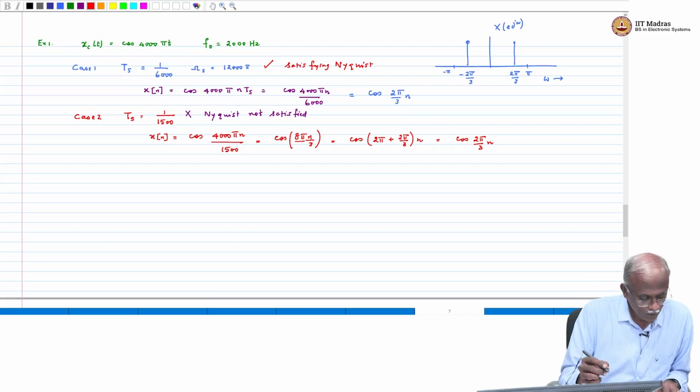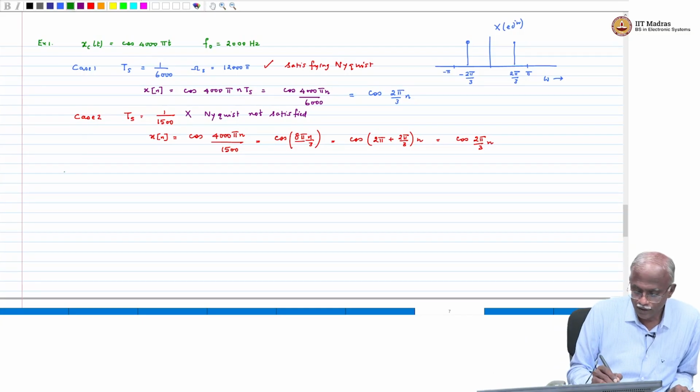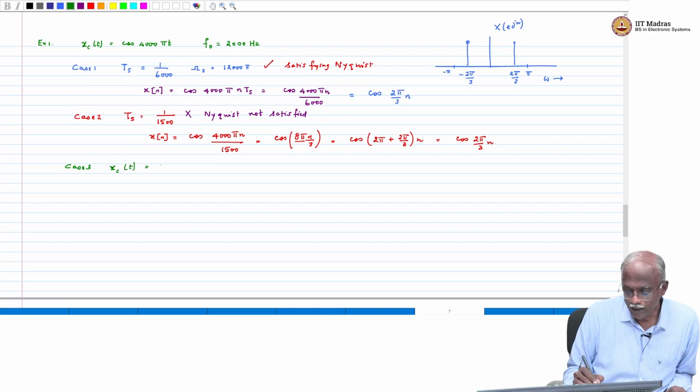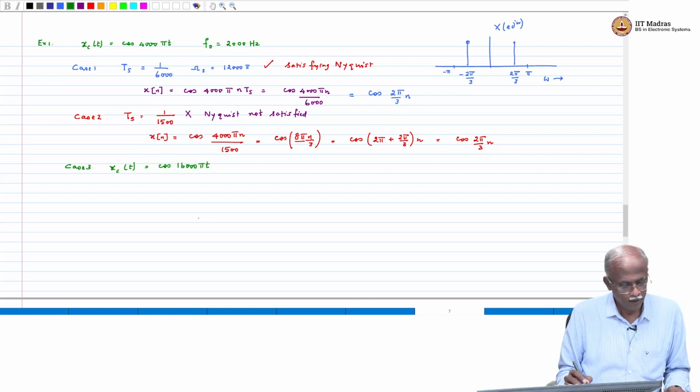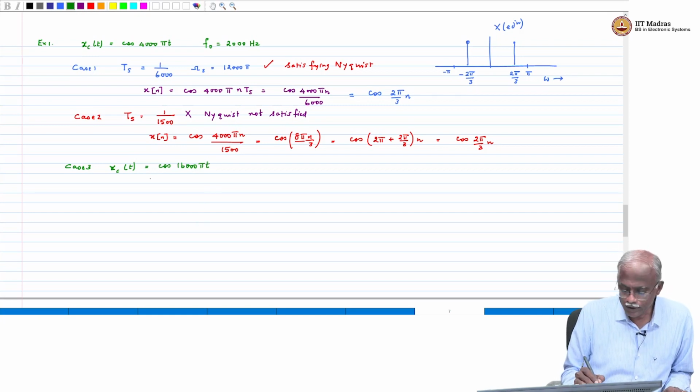Let's take one more case, case 3. We are changing the continuous time signal. X c of t is cosine 16,000 pi t, and we are going to sample it at 1 over 6,000.